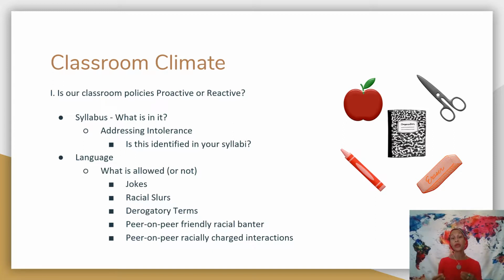I don't allow peer-to-peer friendly racial banter, meaning you know how sometimes kids will go back and forth and they will use derogatory terms or racial slurs, for example, the N-word.